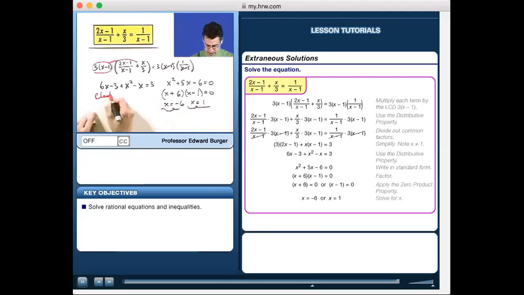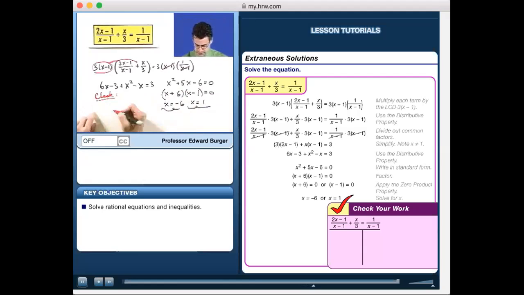So let's do a little check. All right, let's try the negative 6. I put a negative 6 in for x everywhere. So I see 2 times negative 6. That's going to be negative 12 minus 1 is negative 13. Negative 13 divided by, and here I have negative 6 minus 1 is negative 7.